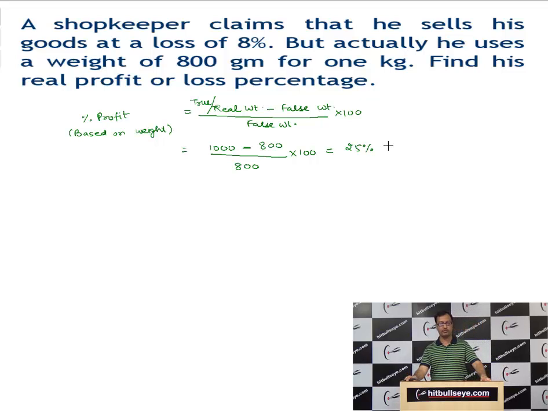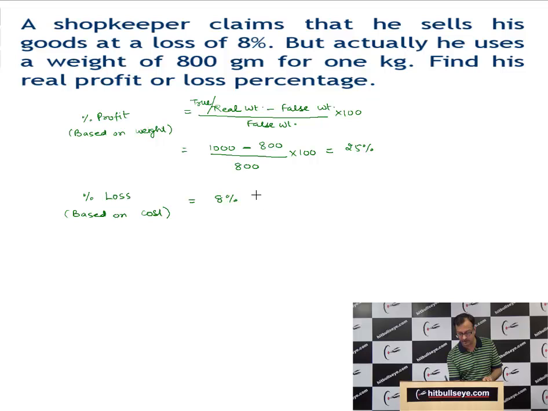But remember, this 25% profit is only because of weight. Now the percentage profit or loss based upon the sale price, or we can say based upon the cost, is given to be 8% loss. Now we can combine both profit and loss.